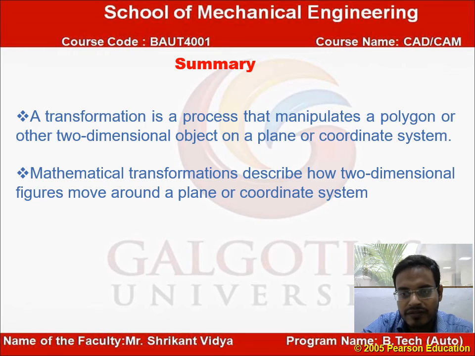For scaling the matrix is different, for translation it is different, for rotation it is different, for shearing it is different, and for reflection it is different. We only have to remember the format of the matrix for each transformation, and then multiply to get the transformed coordinates. Thank you for listening. All the best.